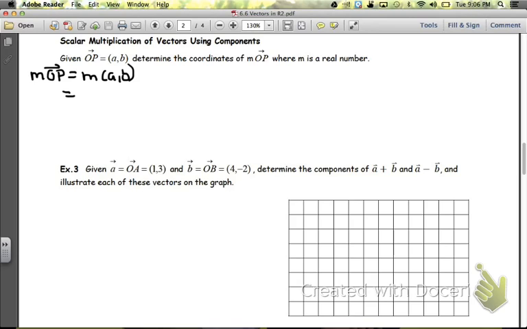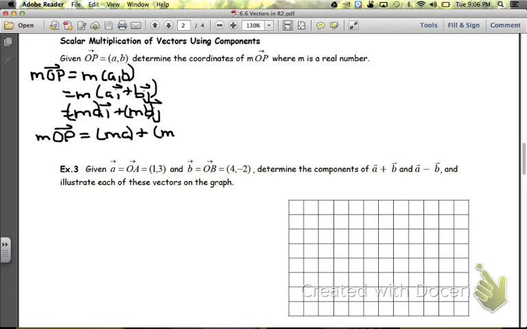We can change our AB to component form, so Ai plus Bj, and then we're going to multiply that m into both terms. What we notice here is that we have mA and mB multiplied by our components. So therefore, m times our vector OP is just equal to mAi plus mBj.